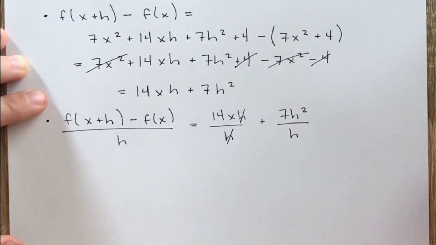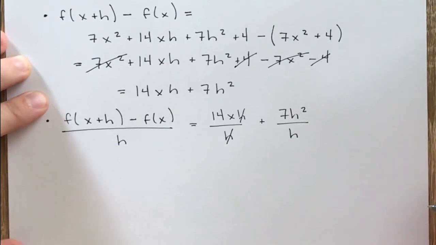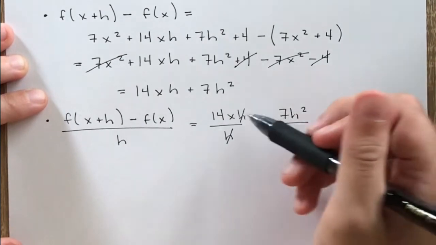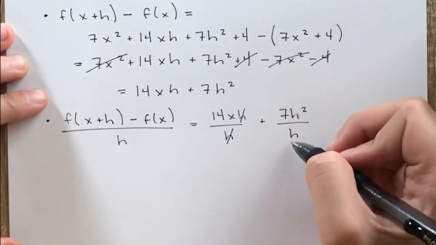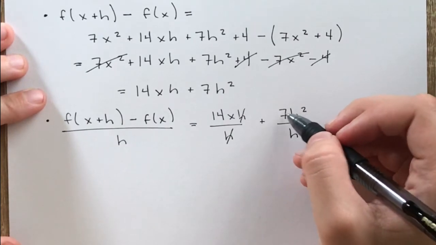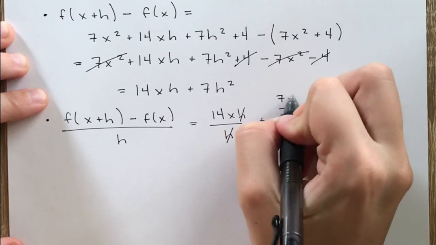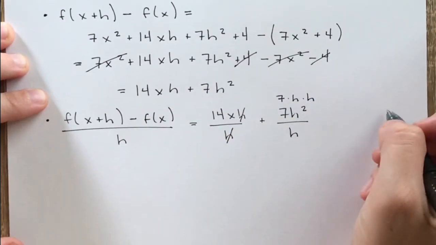Because I have 14 multiplied by x multiplied by h and then divided by h, multiplying something by h and dividing it by h cancels out, right? Multiplication and division kind of undo each other, so these guys cancel. Similarly here, we have 7h squared, which is 7 times h, right?